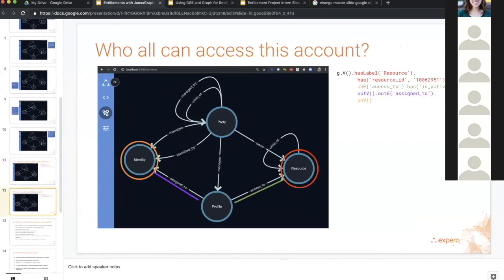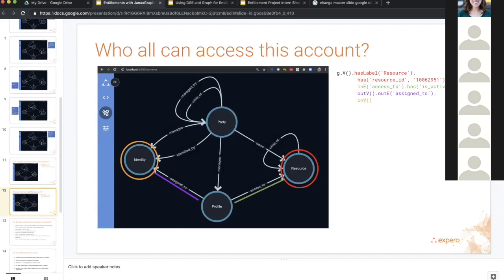Another example of a traversal is, who all can access this account? So when you're doing an audit, you look basically from your resources back to the people or the identities that can access them, and you want to be able to quickly determine who has access to what resources, because what you might find sometimes is that system admin people, as an example, may have greater access than maybe your execs do.